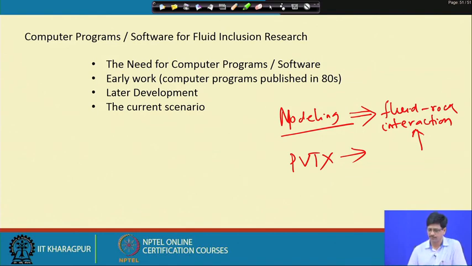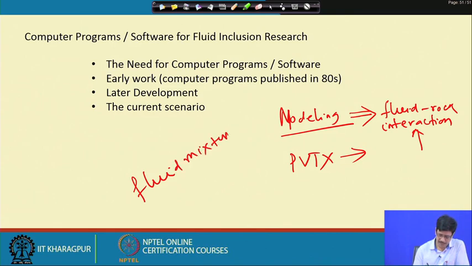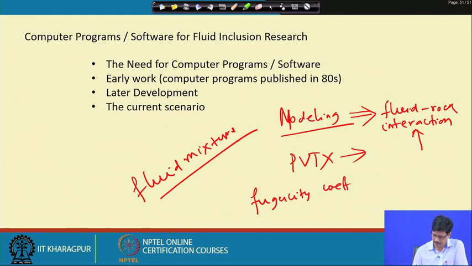So, these interactions involve a fluid phase, and the fluid phase means it is a fluid mixture. So, any reaction that someone writes involving minerals, if it happens to involve a fluid phase, then it is always necessary to compute the fugacity coefficients of the component species in a mixture.